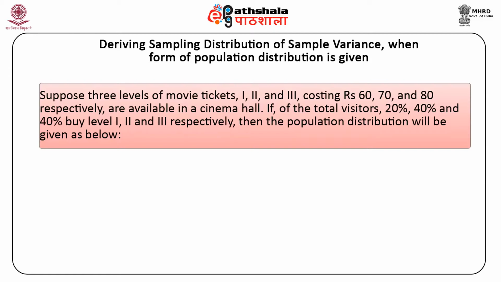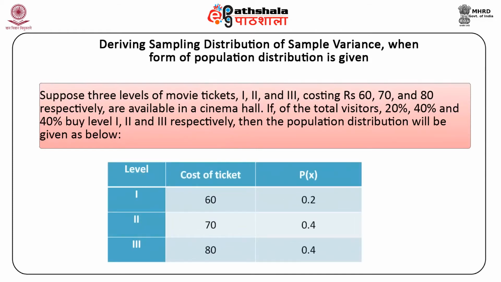If of the total visitors 20%, 40% and 40% buy levels 1, 2 and 3 respectively, then the population distribution will be given as below. In this we will have first column of level 1, 2, 3, second column cost of ticket 60, 70, 80 and we have the corresponding probabilities 0.2, 0.4 and 0.4.